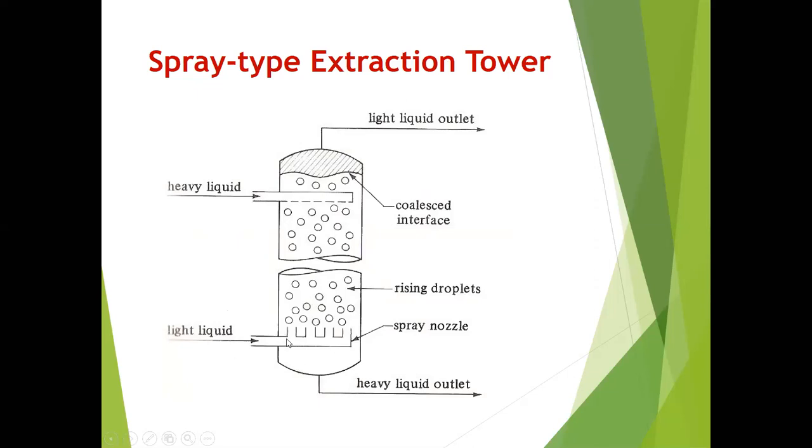So you have spray nozzles here at the bottom of your spray tower. Your feed that has already less of the solute is withdrawn at the bottom. So it's the heavy liquid outlet. And your light liquid solvent here is carrying with it the solute and is removed on top. That's in the case of our spray type extraction tower.